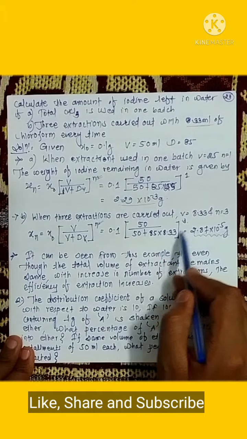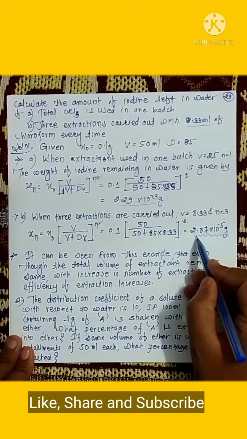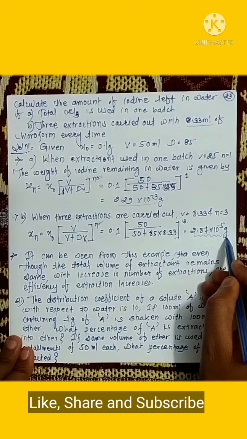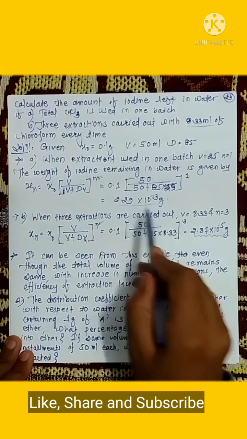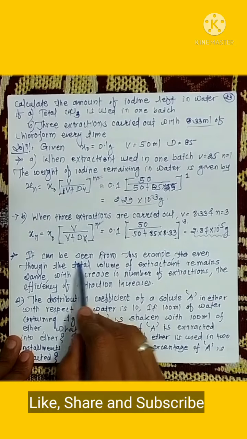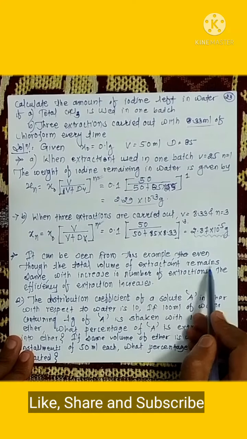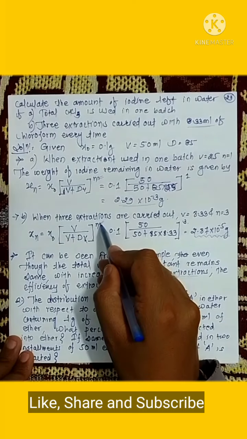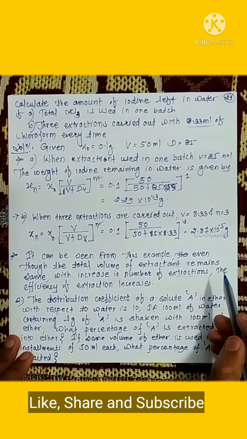We put all the given values in this formula and solve it. We see that the value comes as 2.87 into 10 raised to the power minus 5 gram. Just see the difference in these two values. From this we can conclude that even though the total volume of extractant remains the same, with increased number of extractions, that is as the value of n increases, the efficiency of extraction also increases.